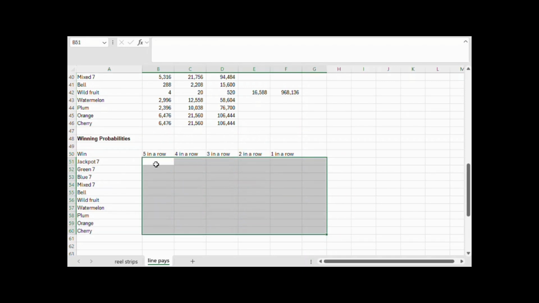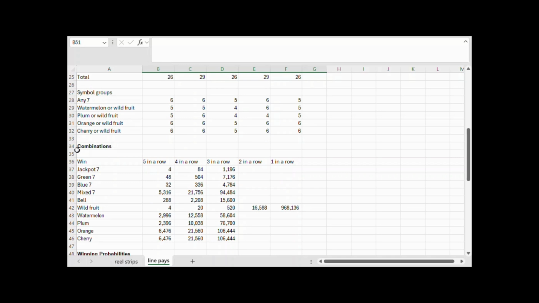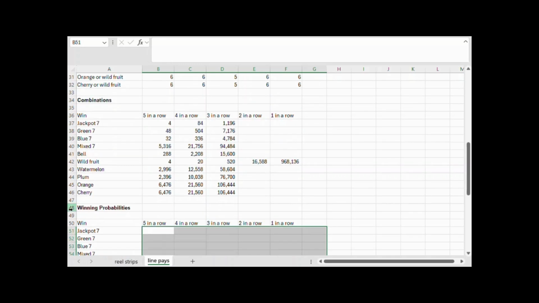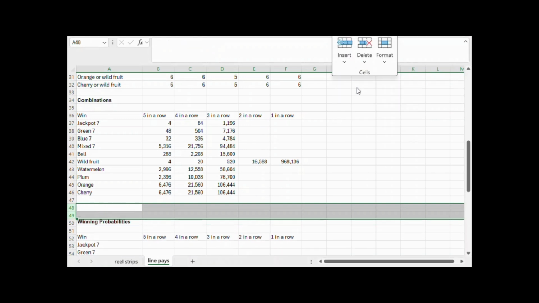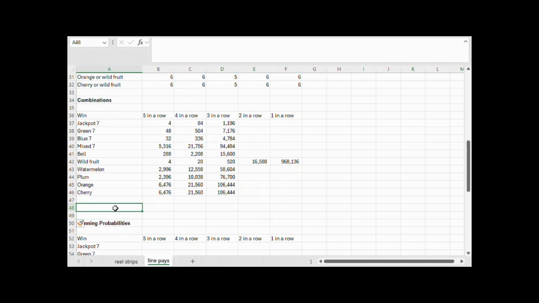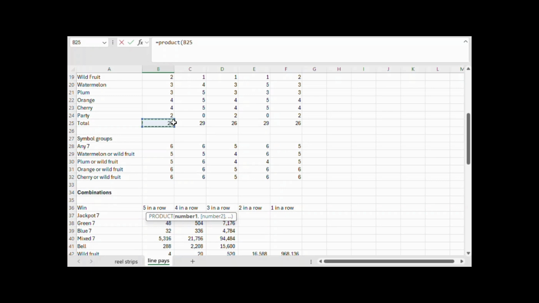So the probabilities are going to be, let's add something. Let's calculate the total number of combinations. And that's going to be the product of the number of stops on all 5 reels.